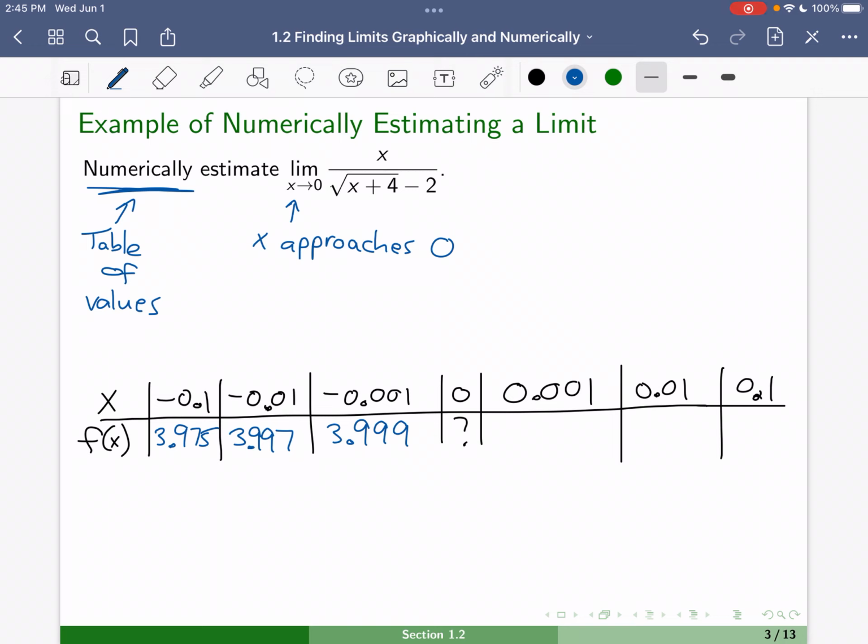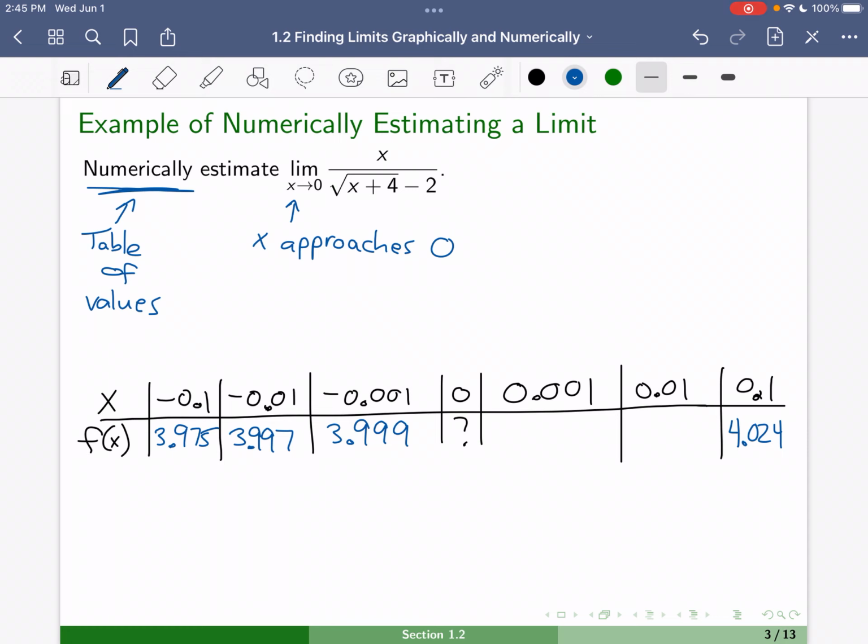If we start with values to the right, and we start way out here at 0.1, we plug 0.1 into that function. You might want to take the time to plug that in yourself, or at least verify that you will get these same values. Make sure that you understand how to plug the numbers into your calculator and work your calculator appropriately.